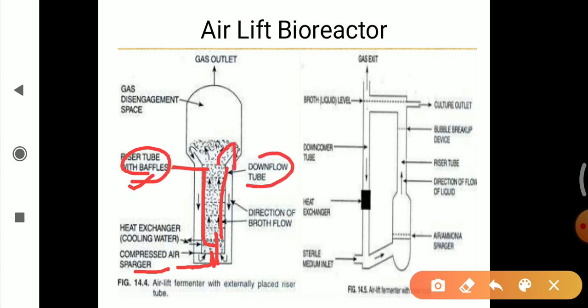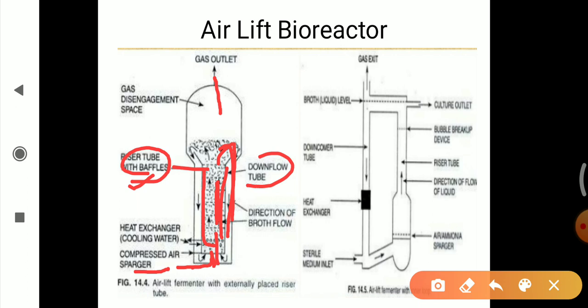This is the downflow region. Air bubbles will be larger in the riser region and fewer in the downcomer region. This density difference will allow the circulation of nutrient and microorganism, and the remaining air will exhaust from the top of the loop.